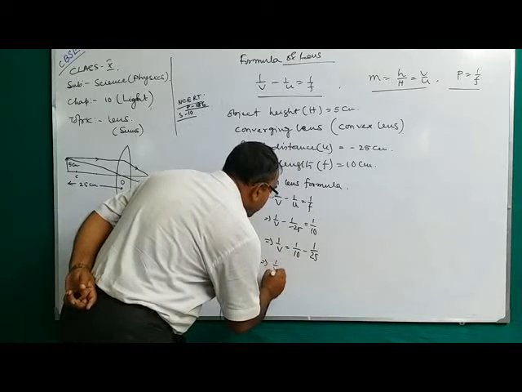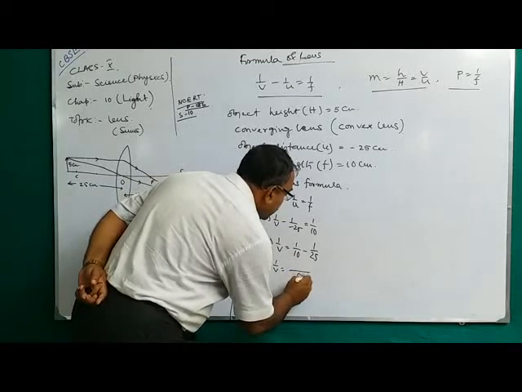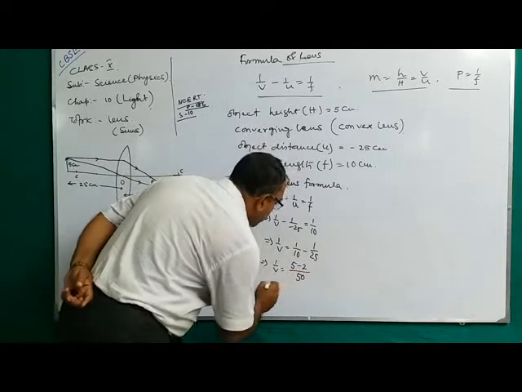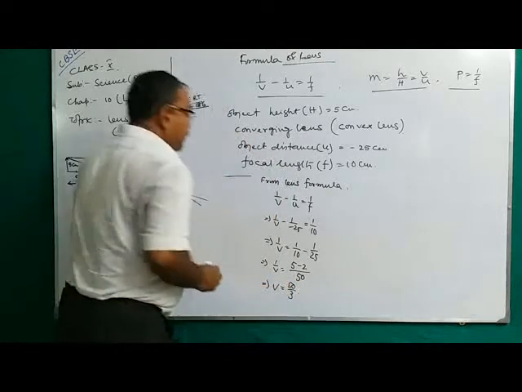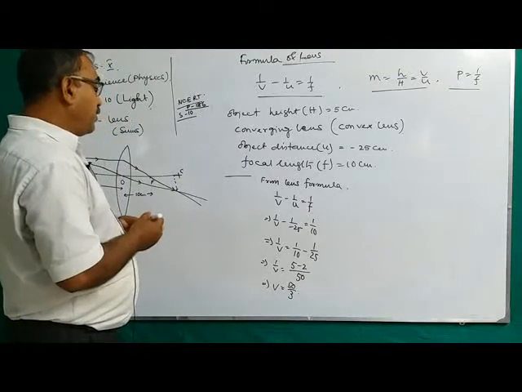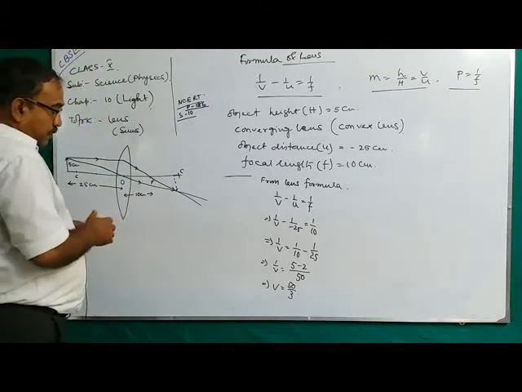The LCM is 50, so 5 minus 2 over 50, V equals 50 by 3.